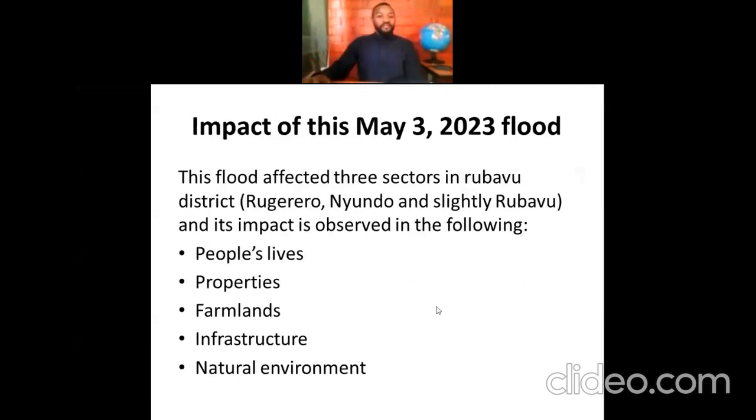Impacts of this flood: it impacts the lives of people, property, animals, livestock. Some properties were also damaged, farmlands, infrastructure, and natural environment.